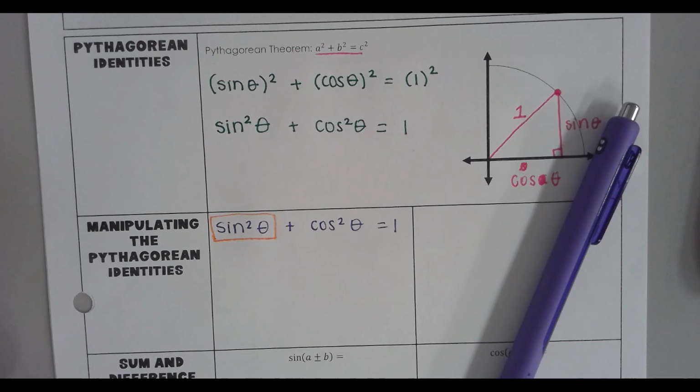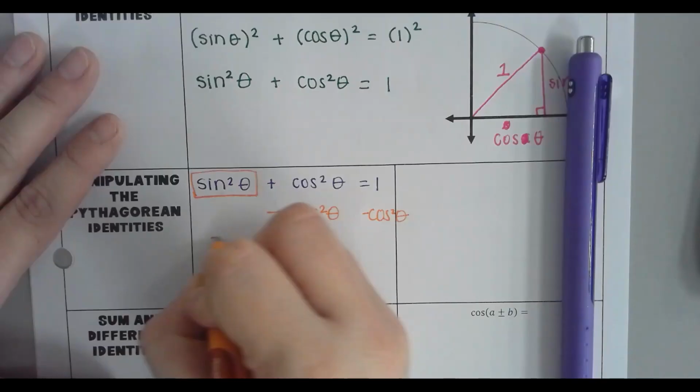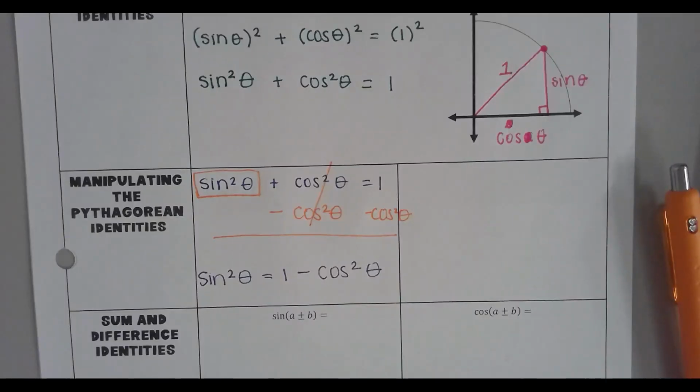It's simple, don't overthink it. So we're going to subtract the cosine squared, and that's going to give us sine squared equals 1 minus cosine squared.